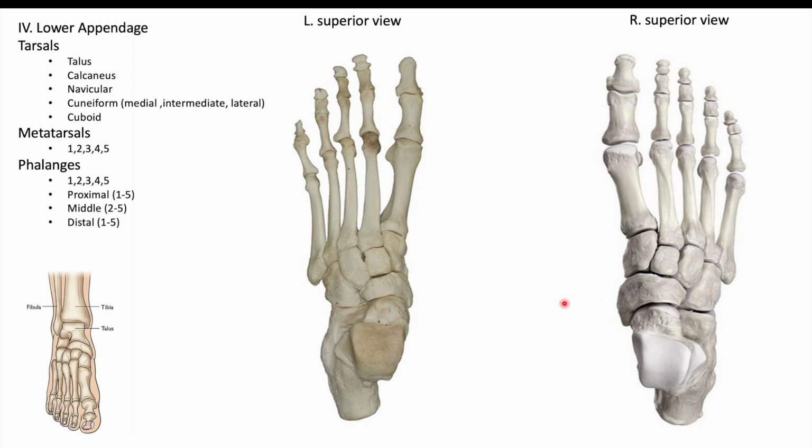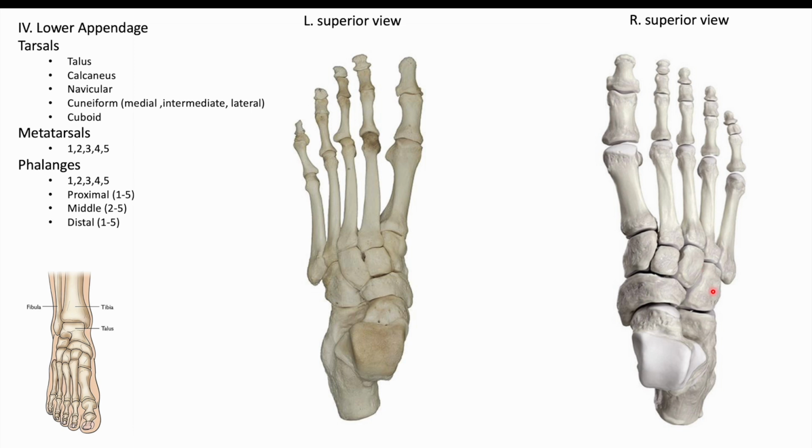Then you also have three cuneiform bones. This is the medial cuneiform, this is the intermediate cuneiform, and this is the lateral cuneiform, because it's going to the lateral side. On the right foot, you have the medial cuneiform, intermediate cuneiform, and lateral cuneiform.